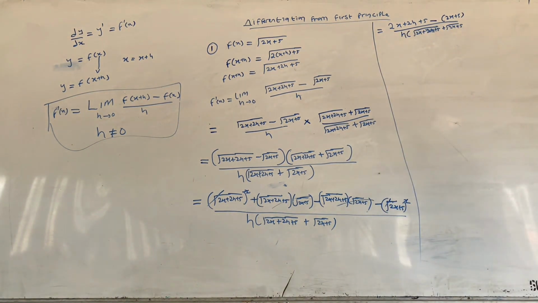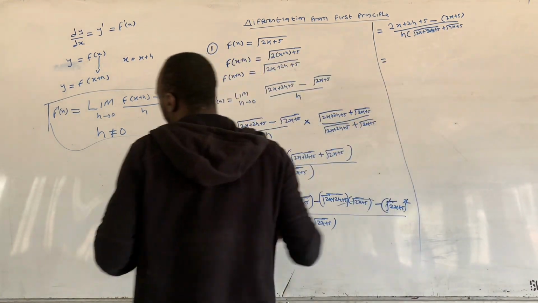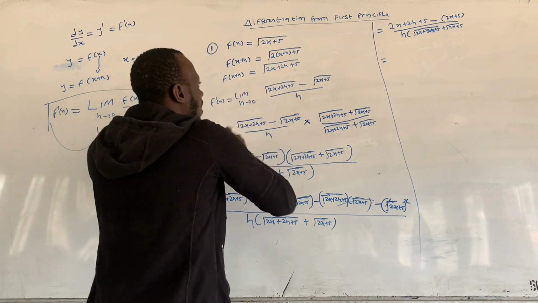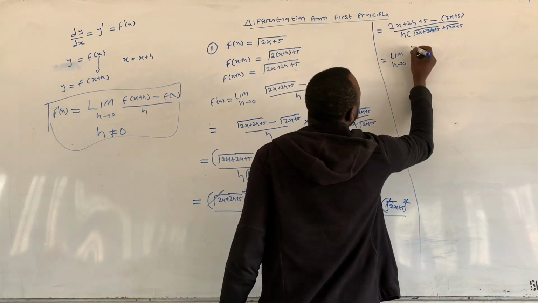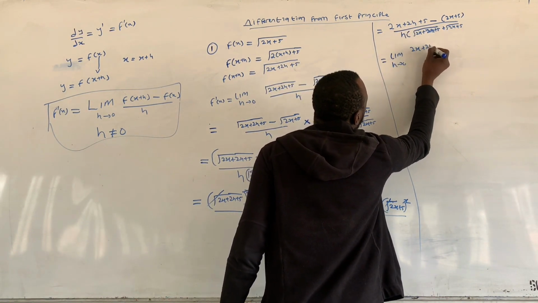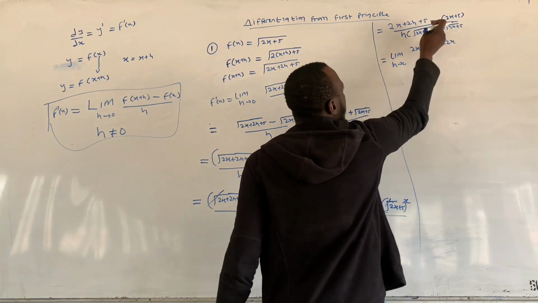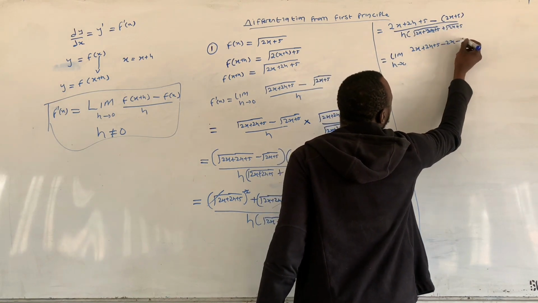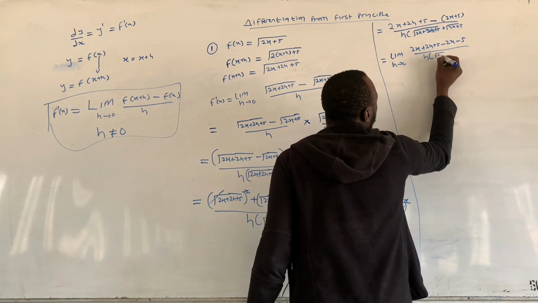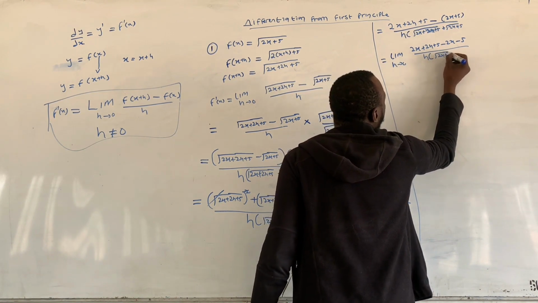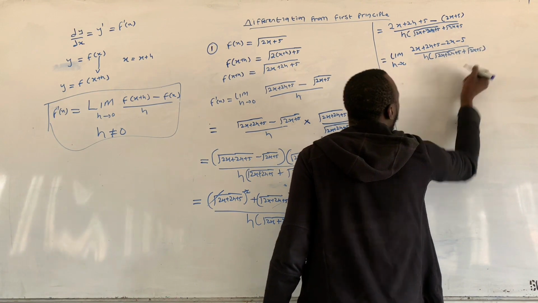So then we open this bracket here. And now I can bring back our limit sign here. We say lim as h goes to 0 of 2x plus 2h plus 5 minus 2x minus 5, all over h bracket root 2x plus 2h plus 5 plus root 2x plus 5.